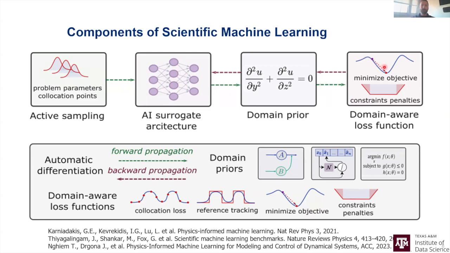And the last component of the SciML model is a domain-aware or physics-informed loss function, where you add additional constraint penalties or additional regularizations on the physical properties and constraints. So again, there's a lot of literature that provides overviews and tutorials on scientific machine learning methods. So I encourage you to go over some of those references in your free time.